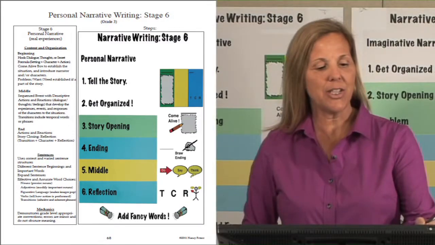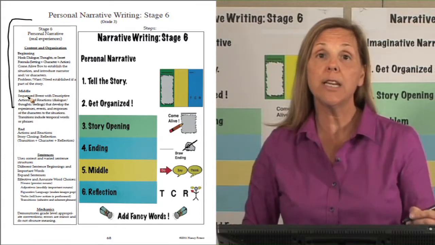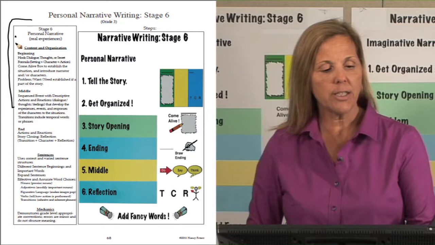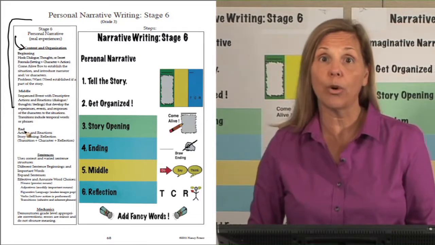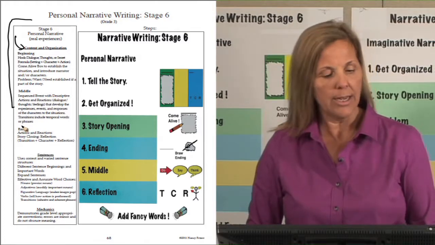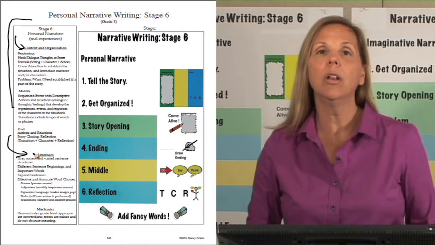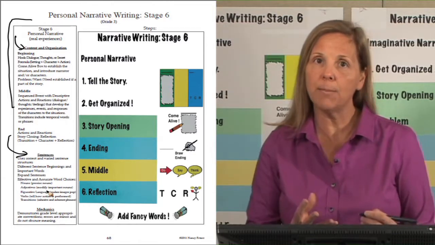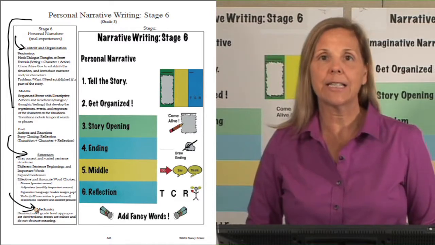On page 68, you have a checklist which gives you in detail what type of content and organization for the beginning, middle, and end of the story for a personal narrative requires at this particular stage. You also have in detail the types of sentences, what needs to be in these sentences at this stage, and then the mechanics.